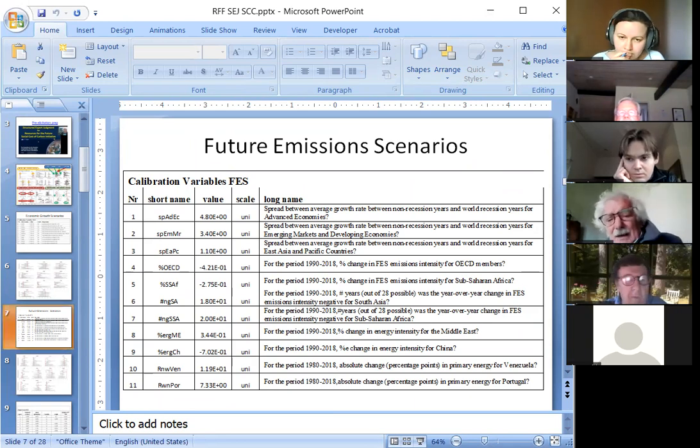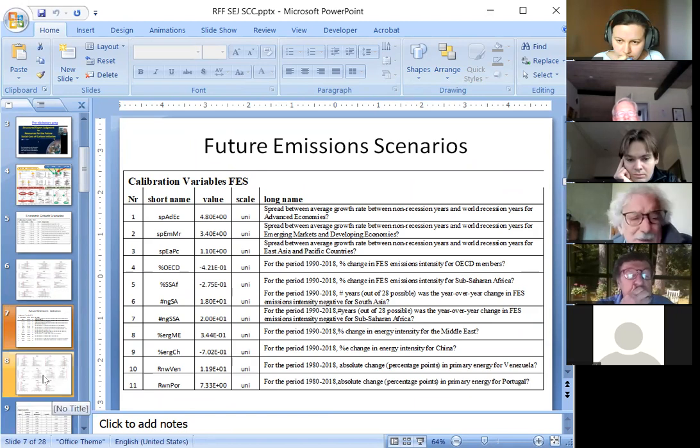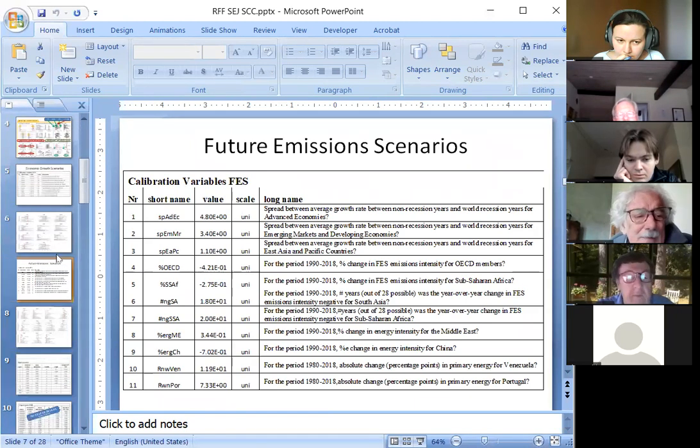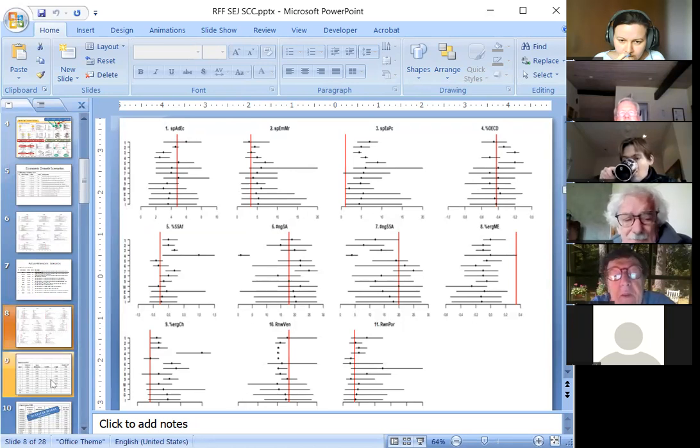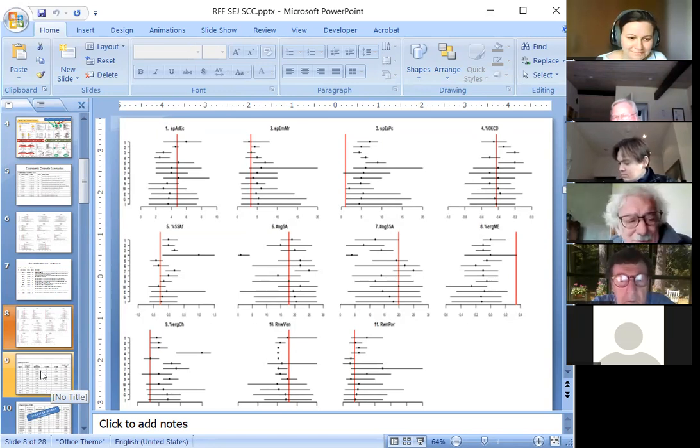Again, a lot of the calibration variables have to do with convergence to the economic frontier. You see here also quite good, not as good as the previous panel, but really quite consistent. So these economists really nailed it. This is one of the best panels that I've ever seen in terms of these indicators.